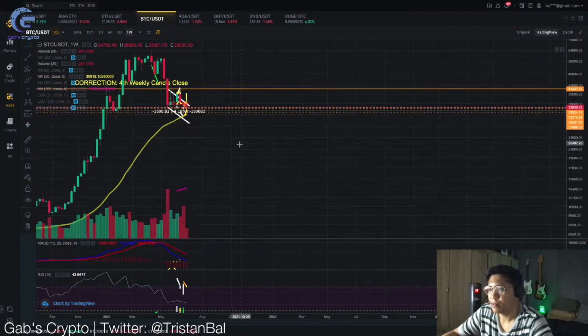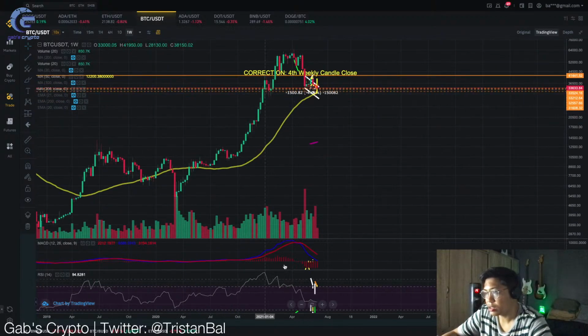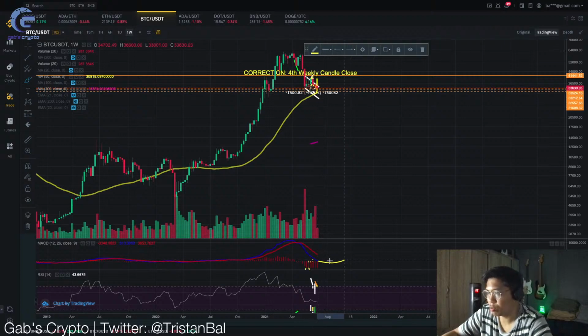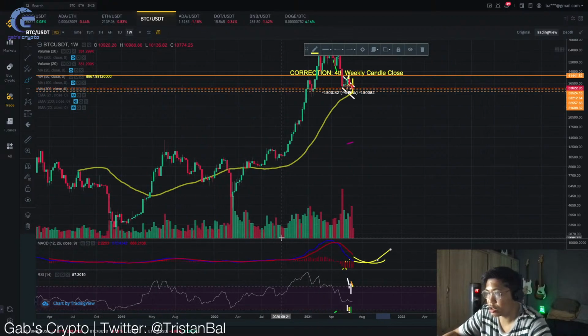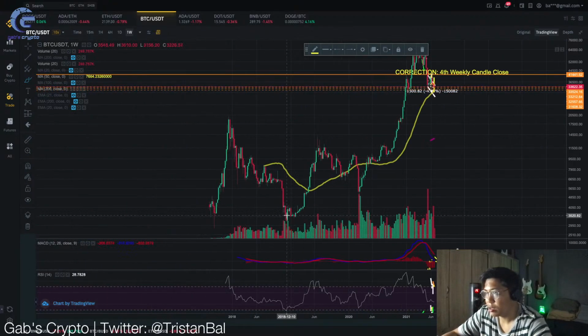So anyway, ayan no. Right now, we are seeing also this MACD still continuing to the downside. However, if we are going to get some support at this level, we might get the momentum para makapag-trend reversal na tayo to the upside for Bitcoin dito sa weekly time frame natin.